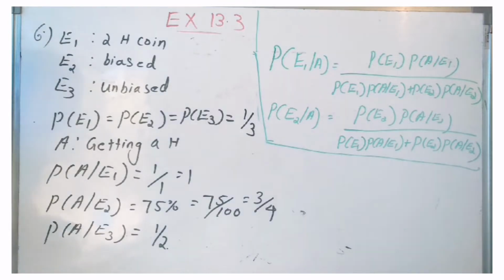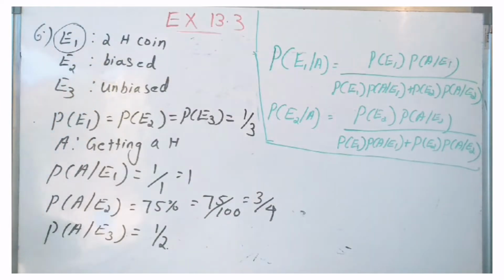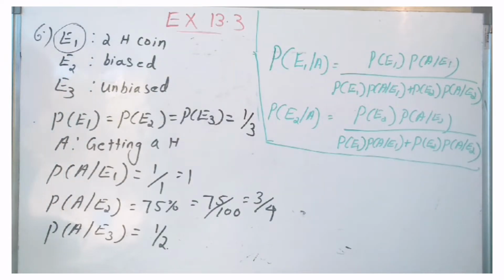Now, we need to find the probability that it was a two-headed coin. That is our question. It was a two-headed coin, that is our E1. So we need to find the probability of one of our partition members. So here we need to use Bayes' theorem.